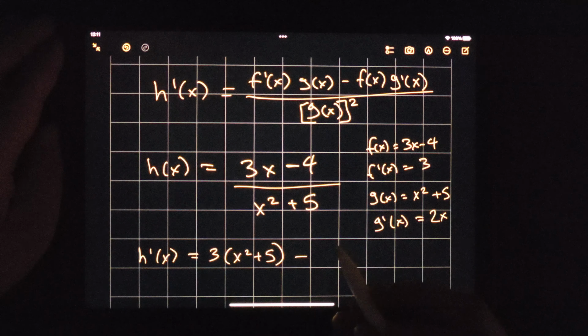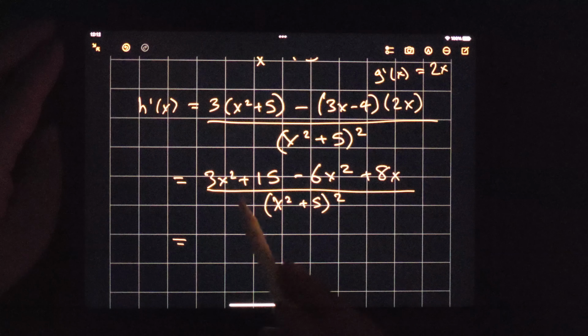So now all we have to do is simplify this, and that can be done simply by expanding here in the numerator, so 3x squared plus 15, and that'll become a negative, so minus 6x squared plus 8x, all over x squared plus 5 squared.